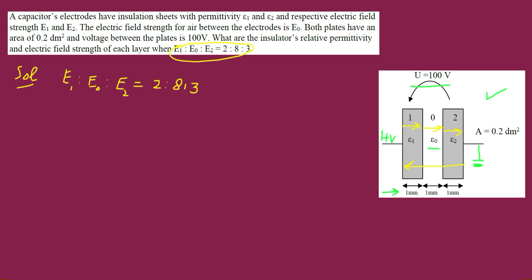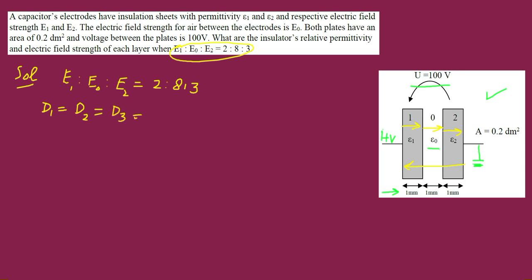The electric field is perpendicular, so electric flux density will also be perpendicular to the surface of the insulation layers. Therefore the electric flux densities in each layer are equal. So D1 will be equal to D2, that will be equal to D3.